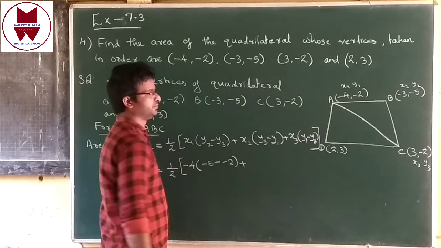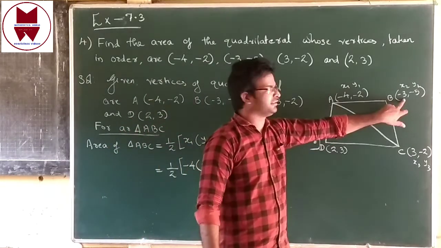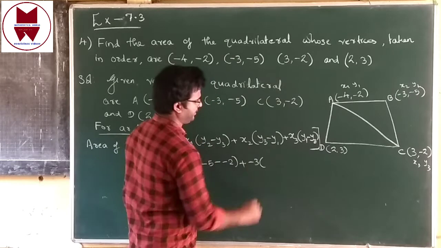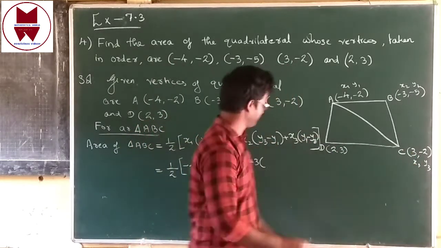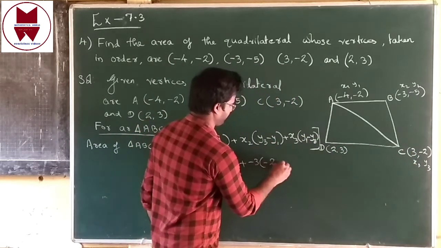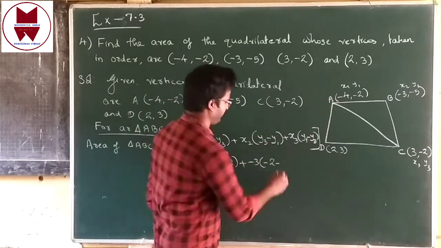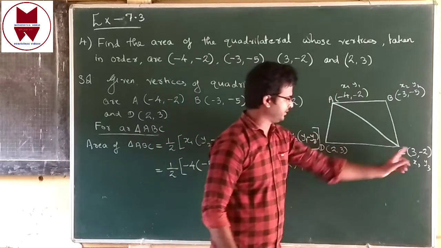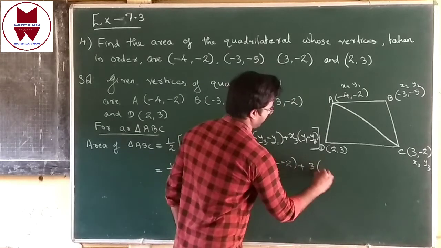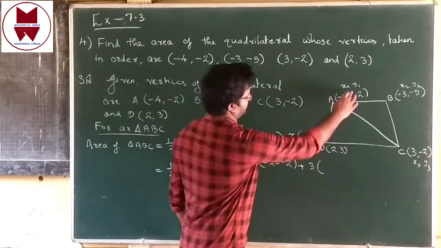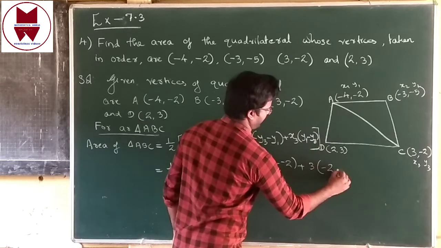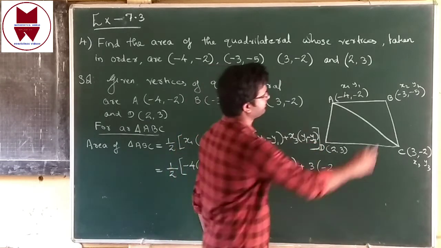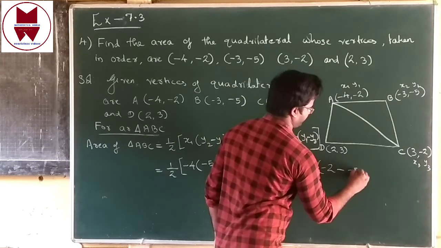Plus x2, in here -3, then (y3 - y1), that is -2 minus y1 which is -2. Plus x3, x3 is 3, into (y1 - y2), y1 is -2, then minus y2, y2 means -5.